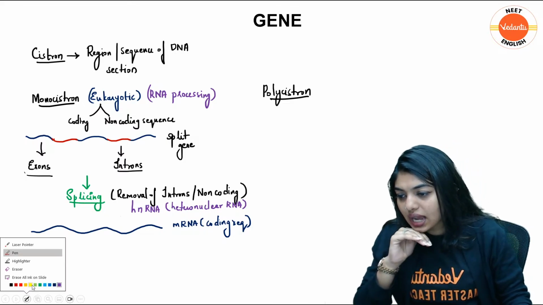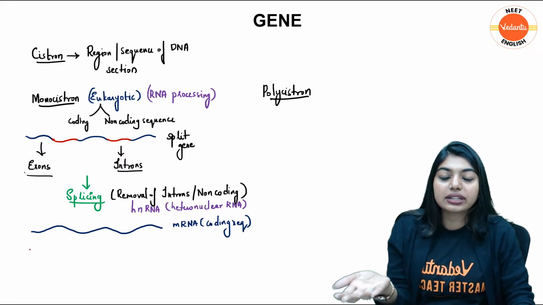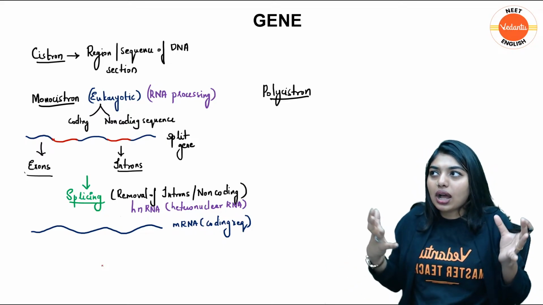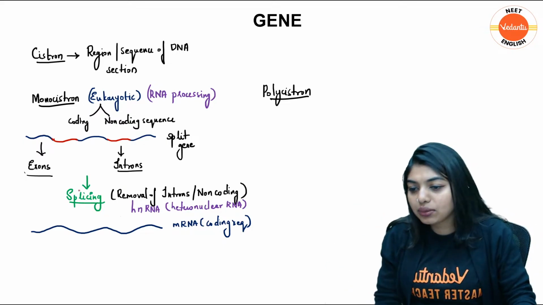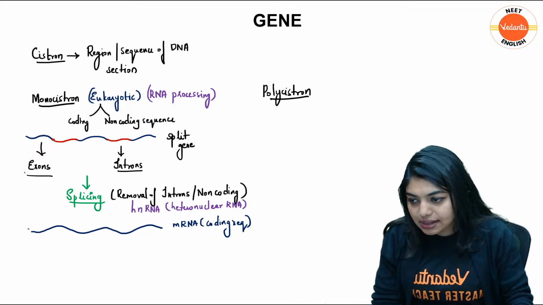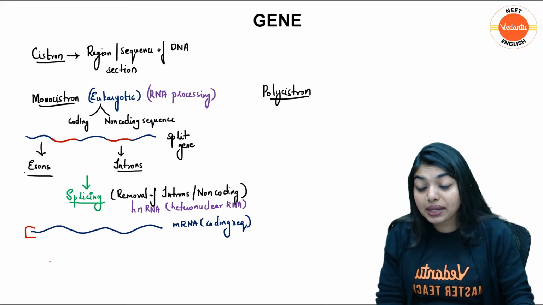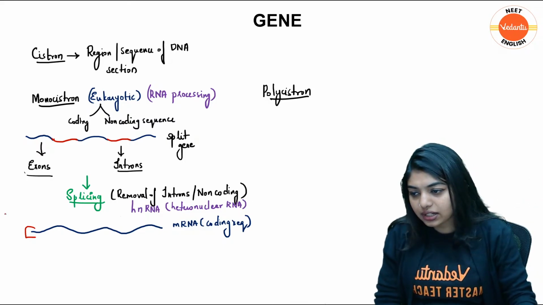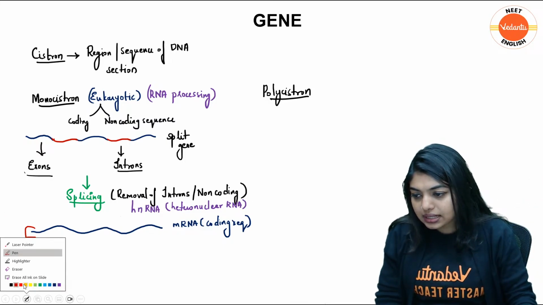Now the catch is, I need to make sure that I'm protecting this from any kind of restriction endonuclease or any kind of unnecessary attachments. So for that, I am going to take this mRNA and add a cap. Also, students, this capping and tailing is very important to know the ends, 5' to 3'. So I'm going to put a cap, and at the same time I'm also going to put a tail.